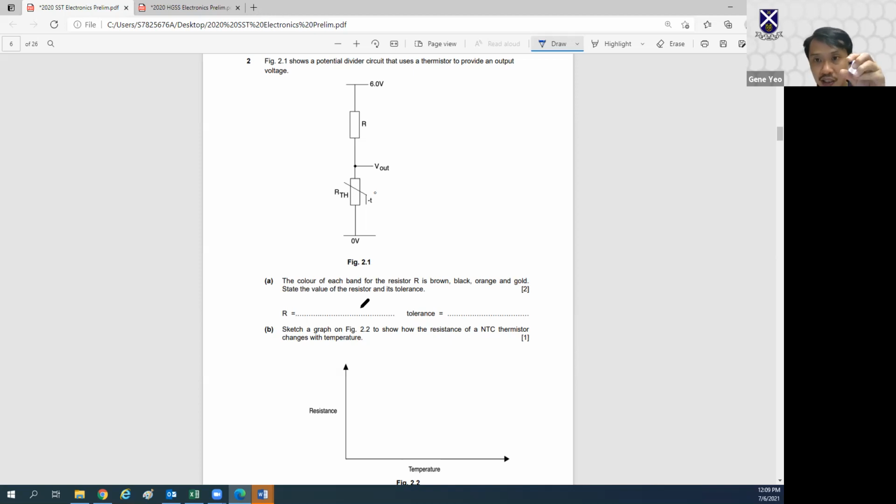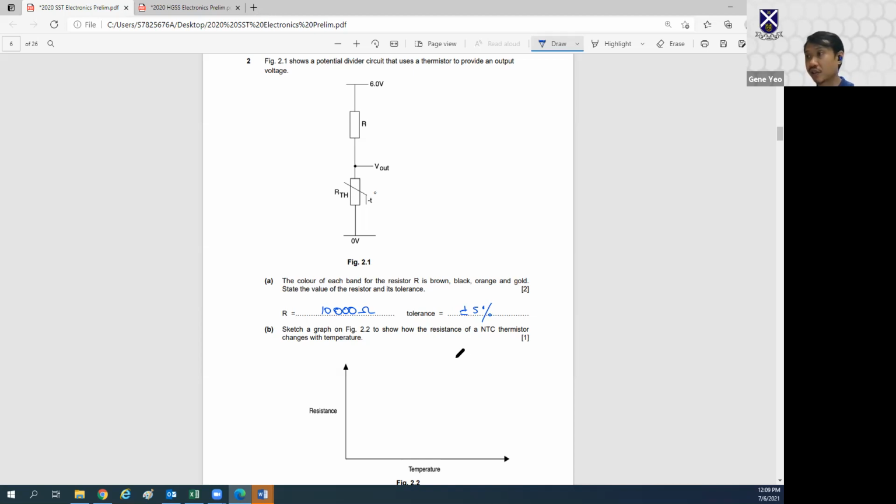Please raise your hand or just unmute yourself. No? Okay, the value is 10,000 ohms. And the tolerance gold is plus minus 5%. That should be the answer you get.